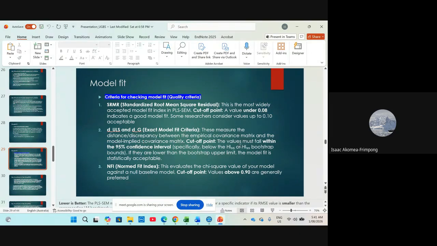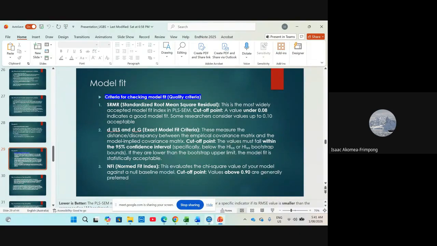Now the second robust test is your exact model fit criteria. With this measure, the cutoff point should fall within the 95% confidence interval. So if you use 5%, then 95%. But if you use 1%, it should be a 99% confidence interval. If you use 10%, it should be 90%. And this measures the discrepancies between the empirical covariance matrix and the model implied covariance matrix.